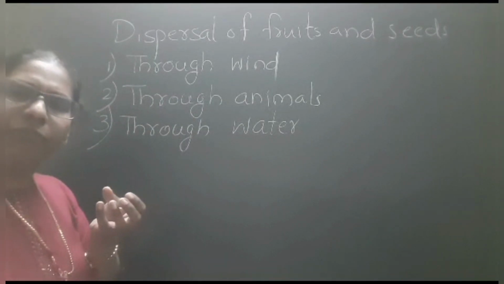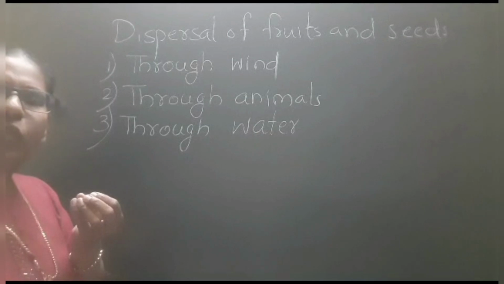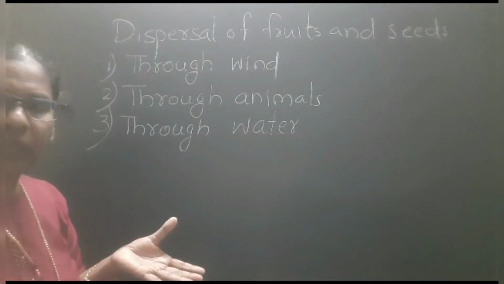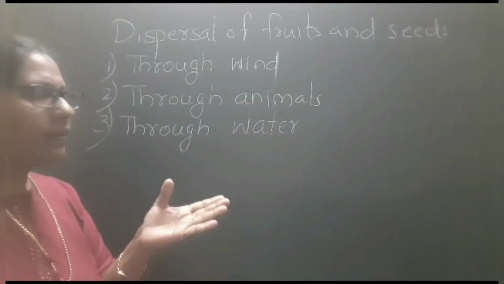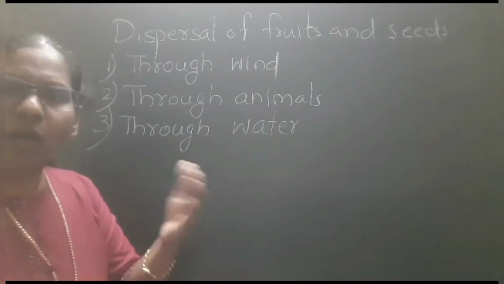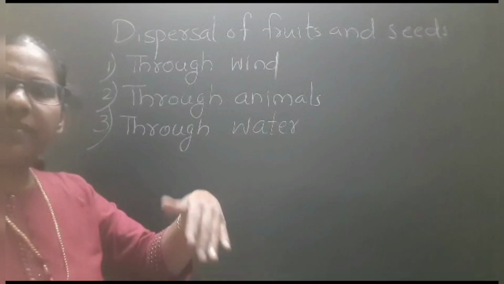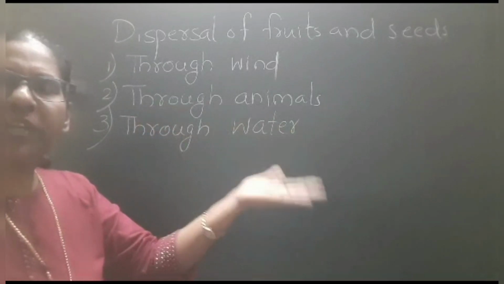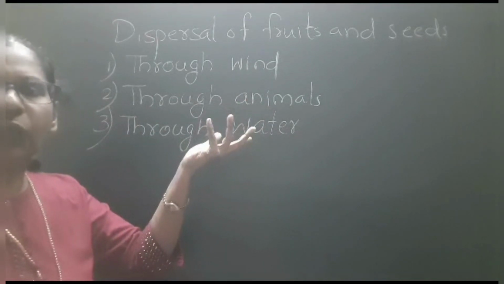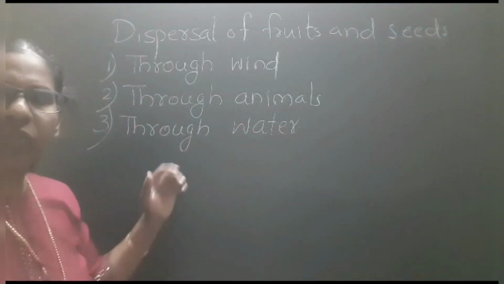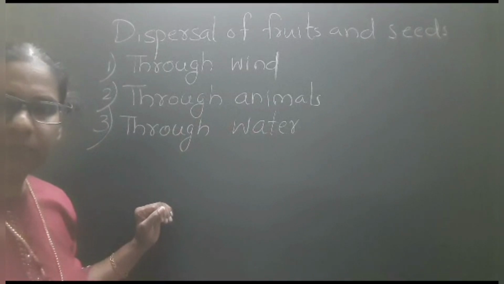Then the next one is through animals, including human beings. We eat the fruit and then we throw the seeds in our dustbin at home, and that dustbin is carried out to the corporation dustbin, and from there it goes to various places. So there it is dispersed.